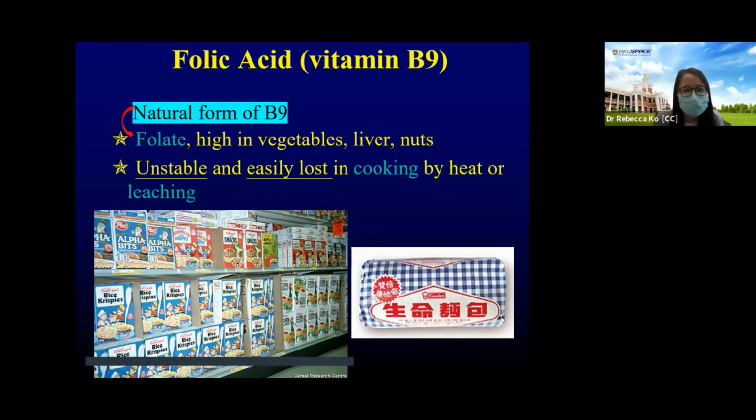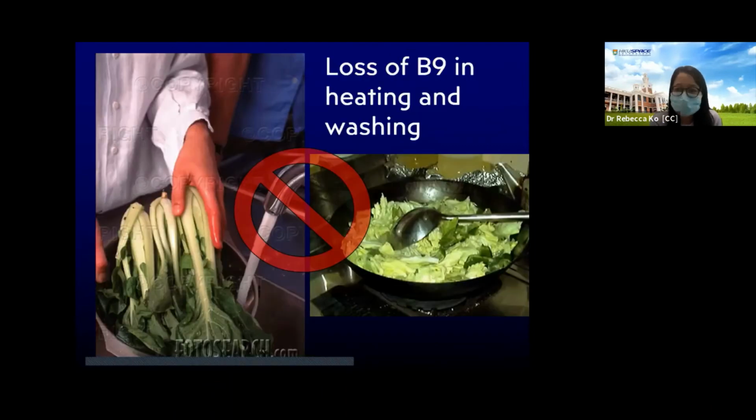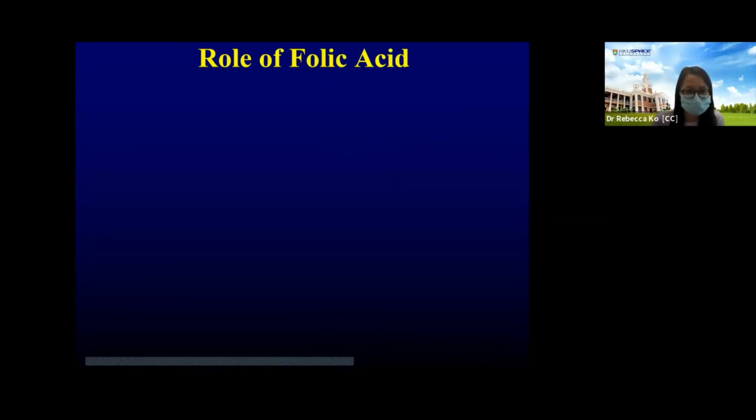That's why some people, let's say pregnant women, need extra intake of folic acid. Heating and washing, as I just said, wash away the B9. Of course, we can't skip it, right? Maybe eating salad would be much better, as it can keep some of the vitamin B9.